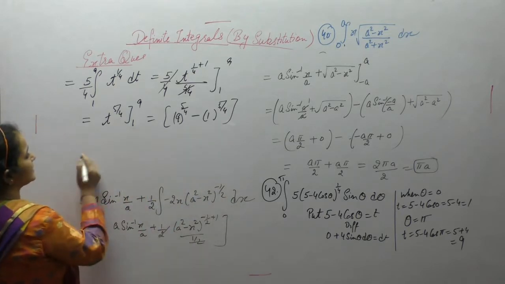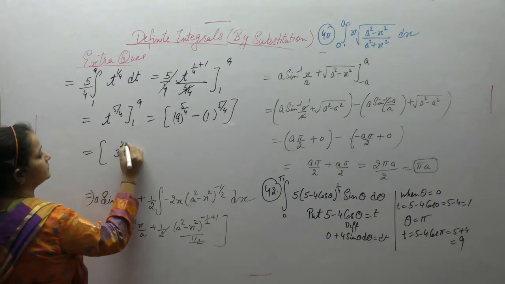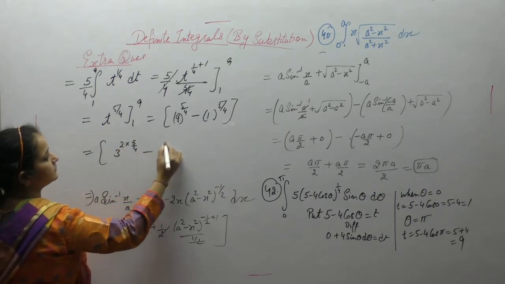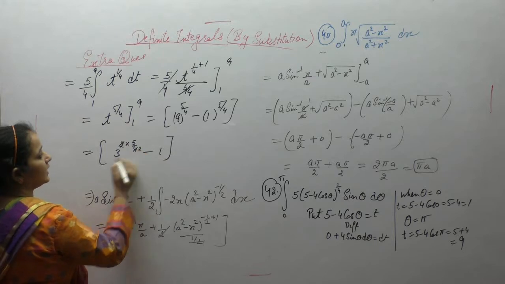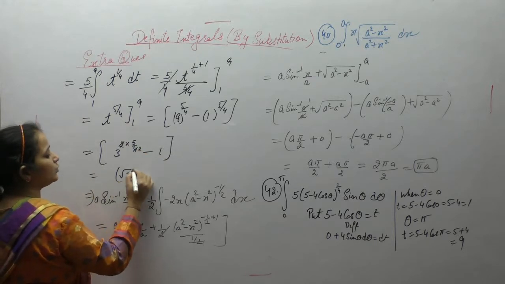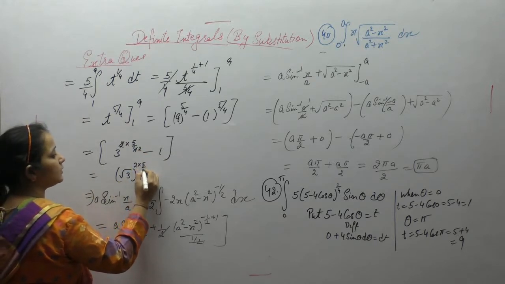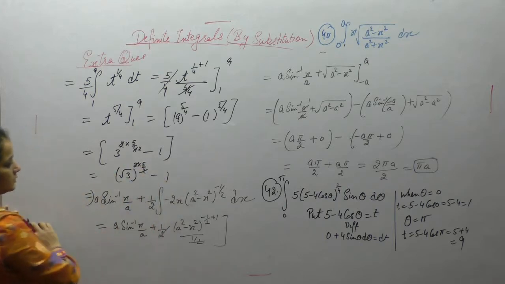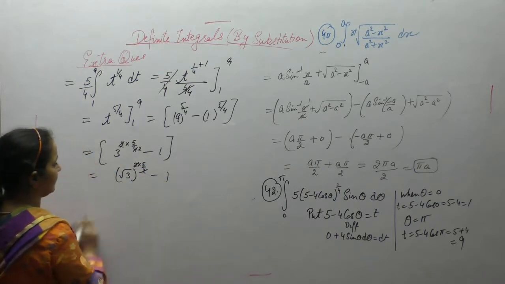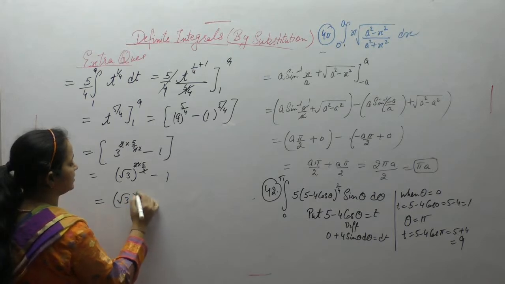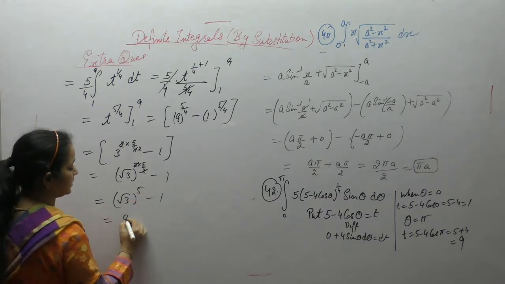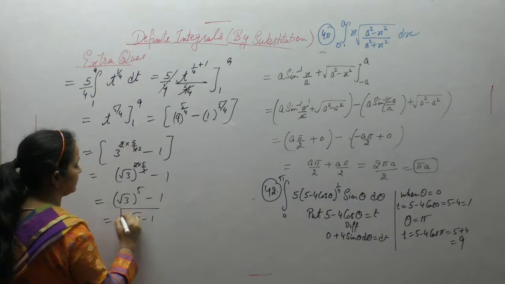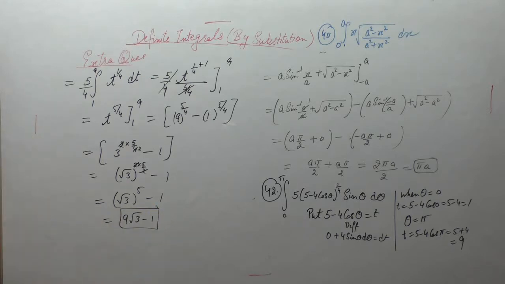First write 9 as 3 square, and write 3 as square root of 3 square. Square root of 3 power 5 minus 1. 9 root 3 minus 1.